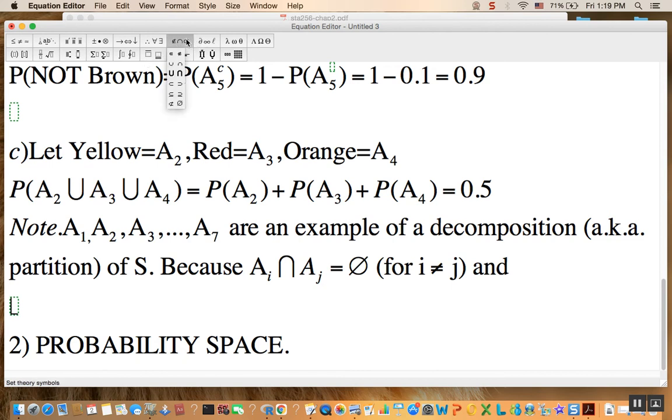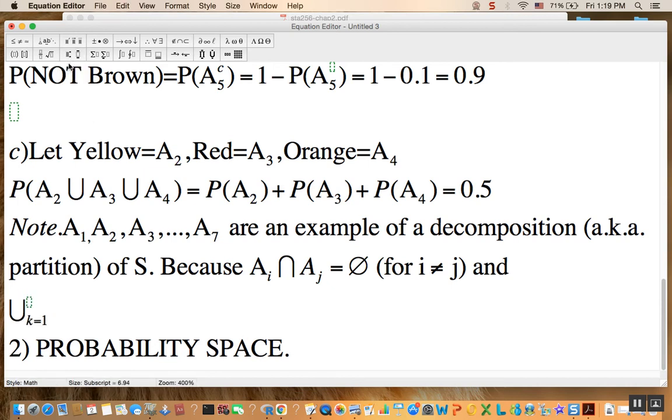The union, if we start at 1 and we end it at 7, we only have 7 possible colors, the Ak's, which are the events that represent each different color, give you the entire sample space. Okay?